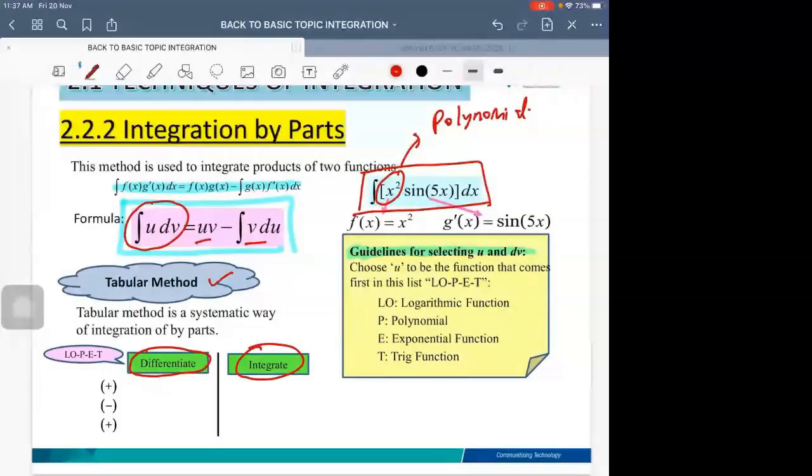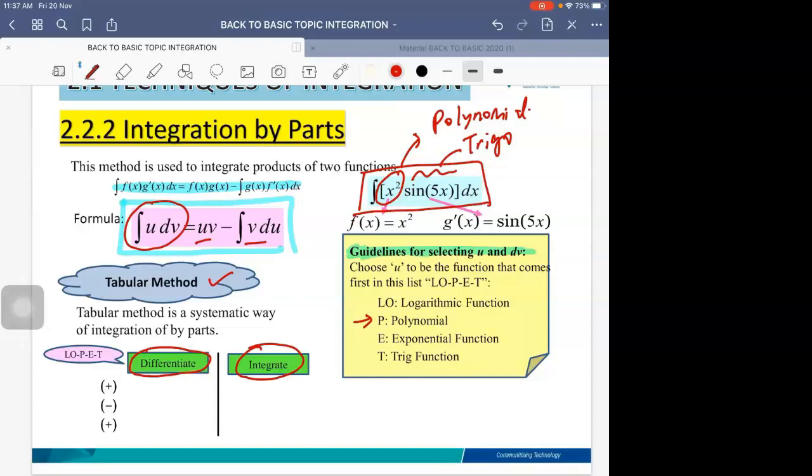And then this one is a trigonometric function. So which should be your u? If we have polynomial multiplied with trigo, x squared is the u, because x squared comes first.